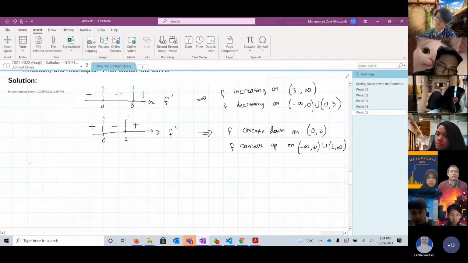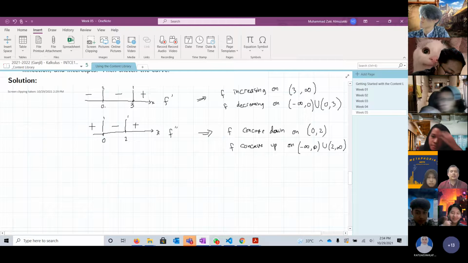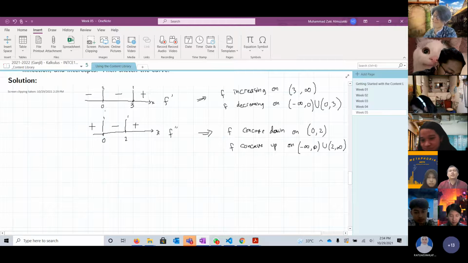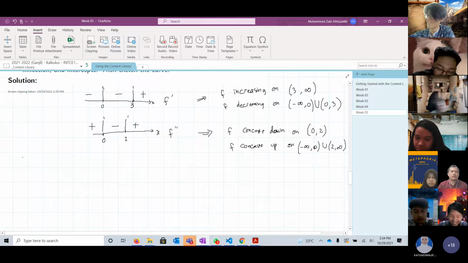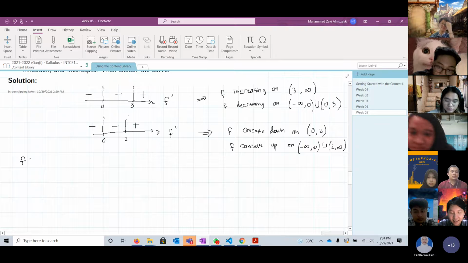We know that the critical values are 0 and 3. So in this case, we want to find f(0).